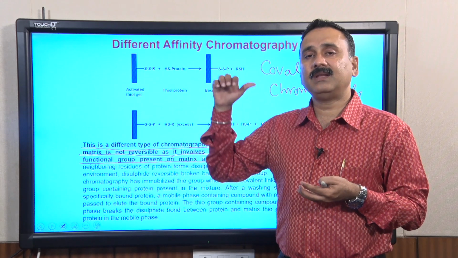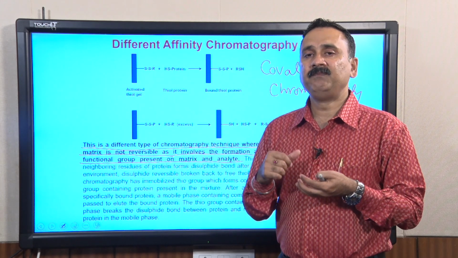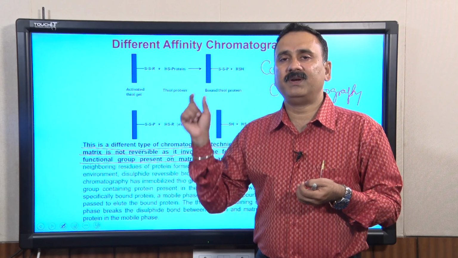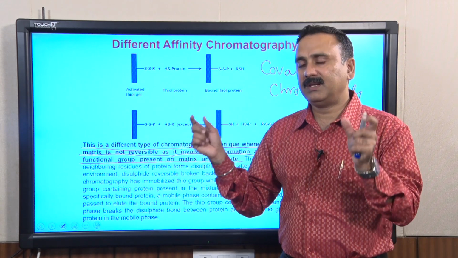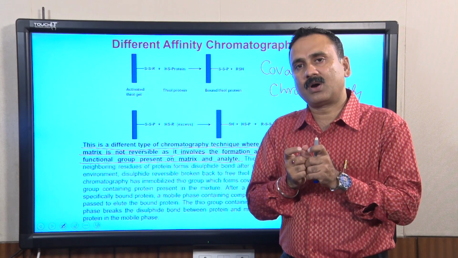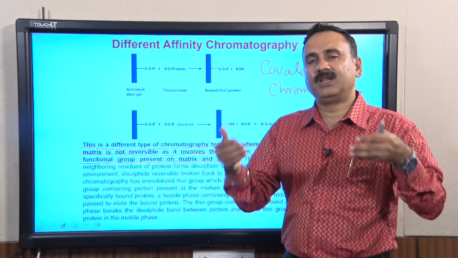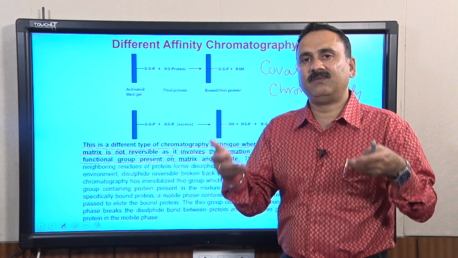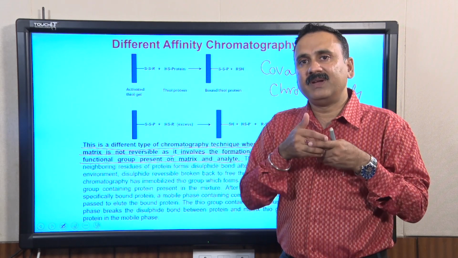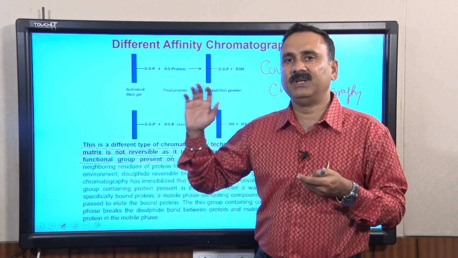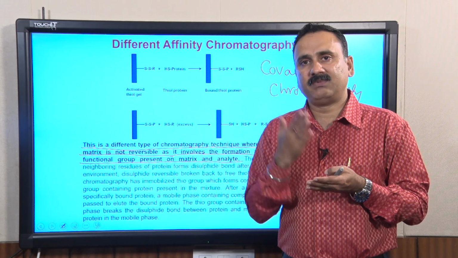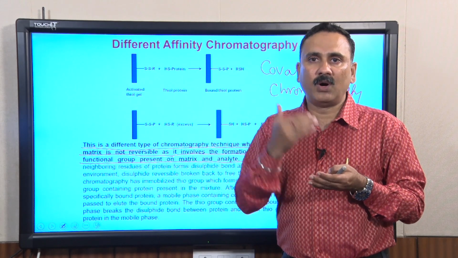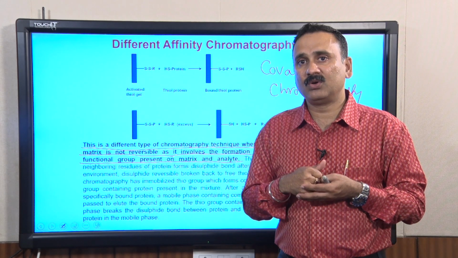whereas in the case of covalent chromatography you have a specific group present on your protein. As soon as it reacts with the column, it makes a specific bond. That bond will be very specific, it will not form with other proteins, and that is why covalent chromatography gives you specificity, and that is why it falls under the category of affinity chromatography.